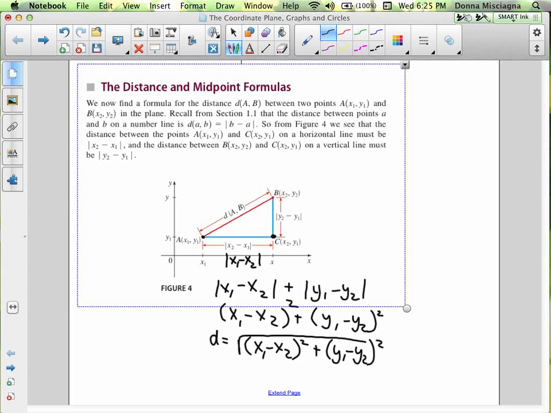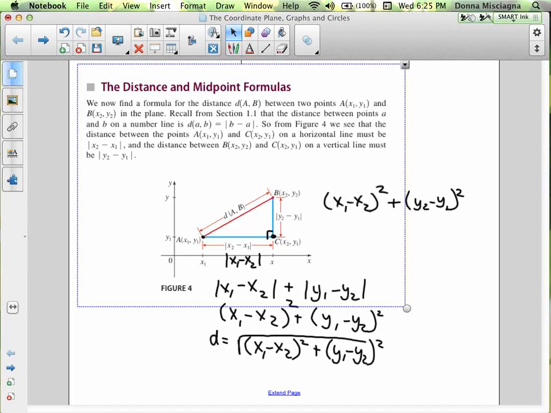You can also think of this as the Pythagorean theorem. If we have a right triangle here, because we have a vertical and a horizontal line, then x1 minus x2 squared is one length of the triangle squared, and y2 minus y1 squared is the other length squared.